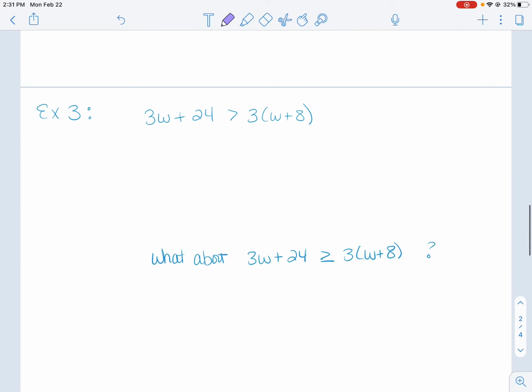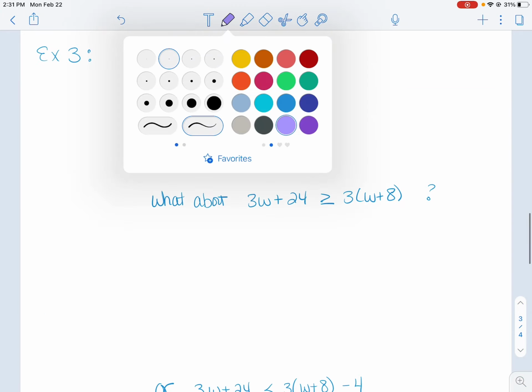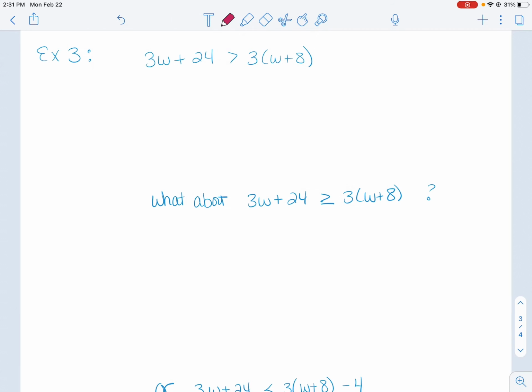All right, now let's look at a special case. So example 3, 3w plus 24 is greater than 3 times w plus 8. Let's start by solving it just like we normally would, so get rid of the parentheses by distributing. So 3w plus 24 is greater than 3w plus 24.